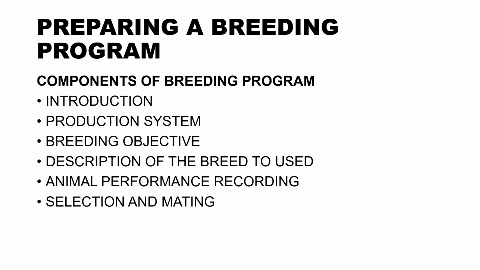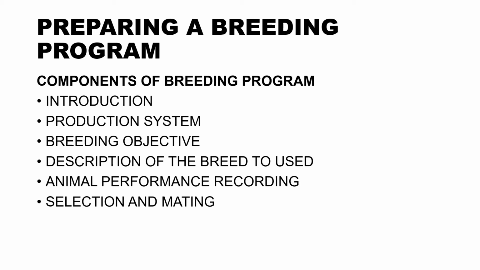So, yung sa atin, since this is 140, mag-introduce ka konti doon sa swine industry, yung mga different production system sa swine industry, yung current state ng swine industry, then you introduce briefly yung mga breeding programs, yung mga breeding scheme, mga mating system for swine production. So, yun. And then, next part is yung production system.